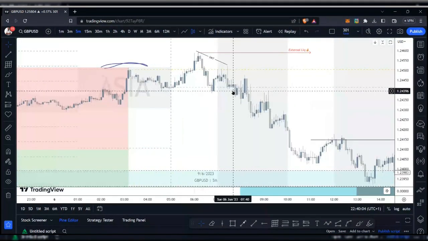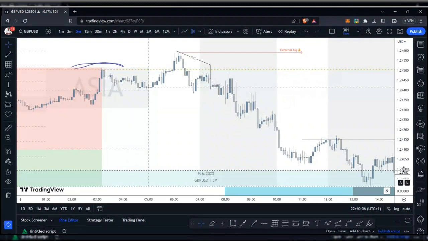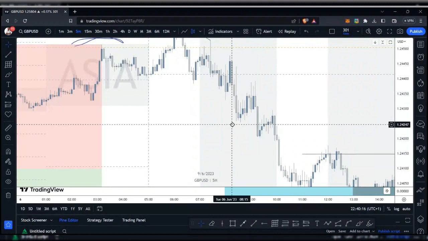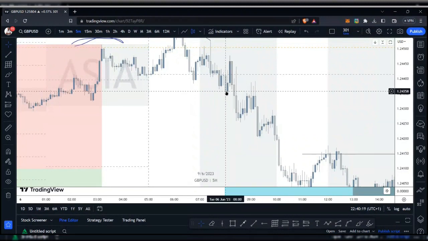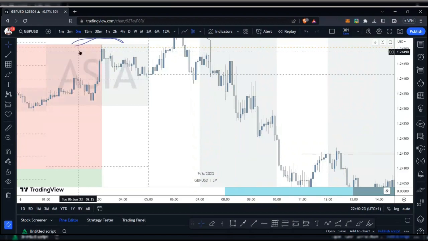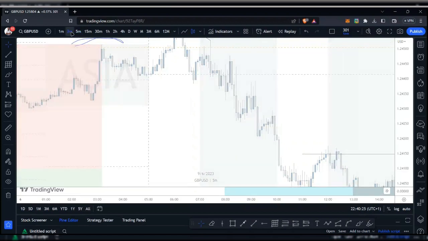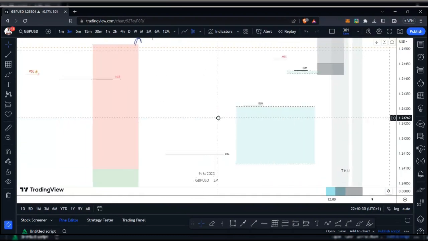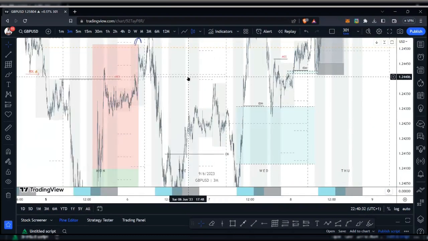Now, let's look for entries. Entries in London. So what was the London range? We have this high, we have this low, we have this low. So this becomes an order block. Let's go to this 3 minutes. Let's see, maybe we can have some kind of imbalance to play.